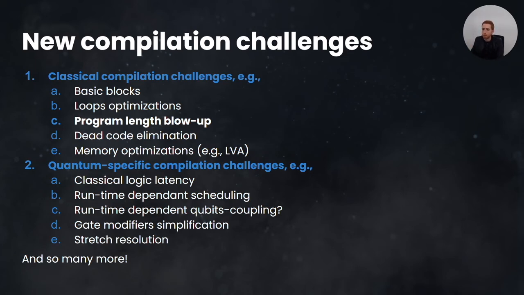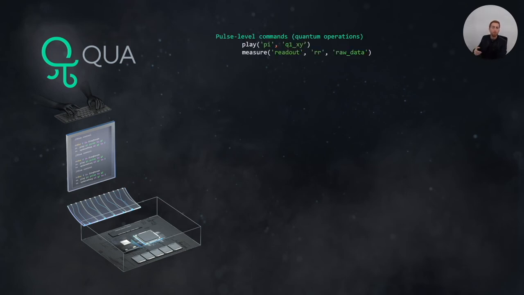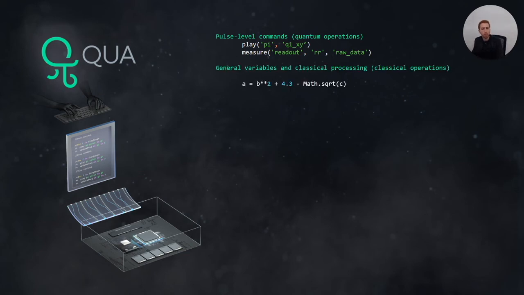And also it gives rise to quantum-specific compilation challenges that we haven't faced before. For example, the classical logic, the conditionals, right, the variables, the calculations take time. QUA handles that. QUA supports real-time logic, QUA handles gaps, and we have all of those high-level constructs. For example, we have the play and measure, obviously. We can have variables and real-time calculations. We can use those real-time calculations and variables in the pulses.